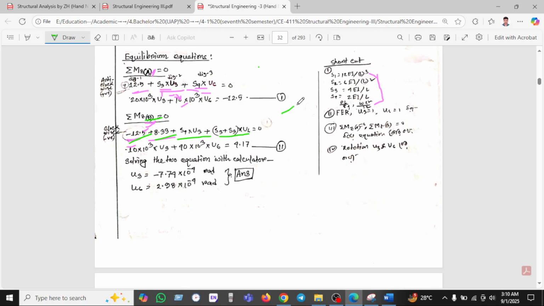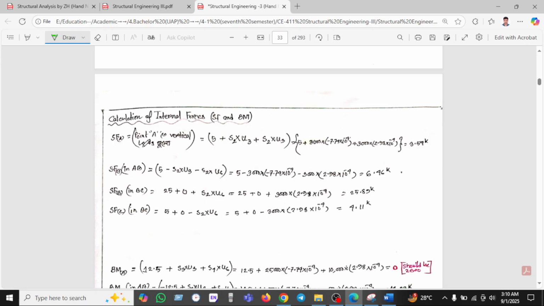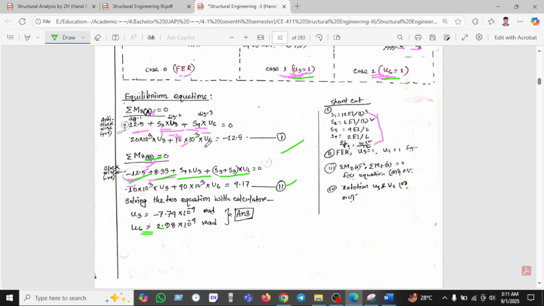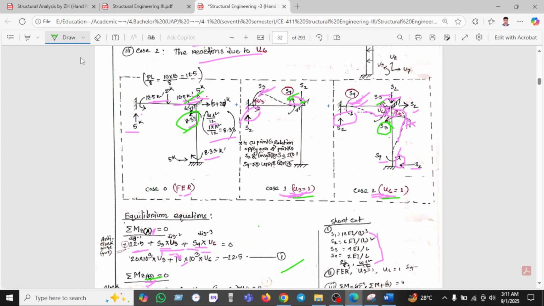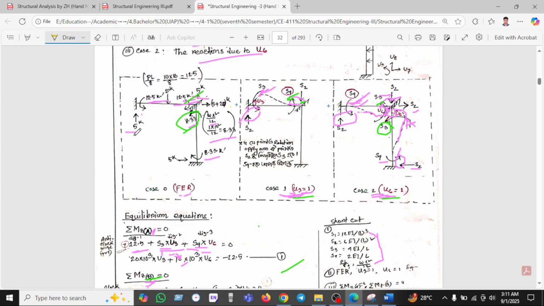Now we have been finding 1 and 2, and after solving this, we found U3, U6. Okay. The calculation of internal forces, shear force, bending moment. So we will take the shear force at A, that means the vertical point at point A. If I change the color, it will be 5 and S2, S2.